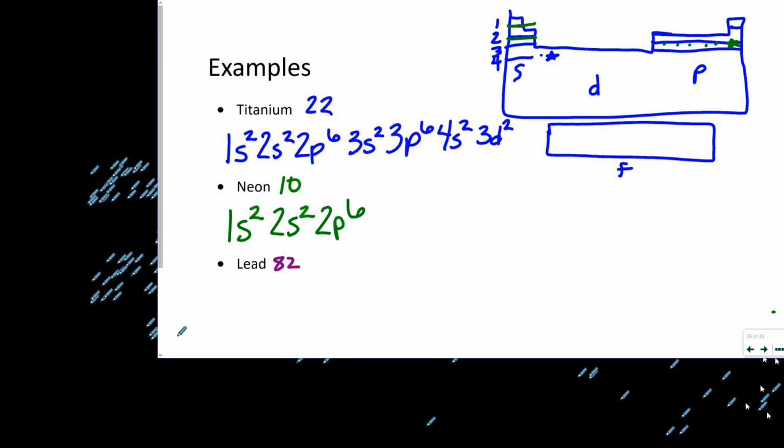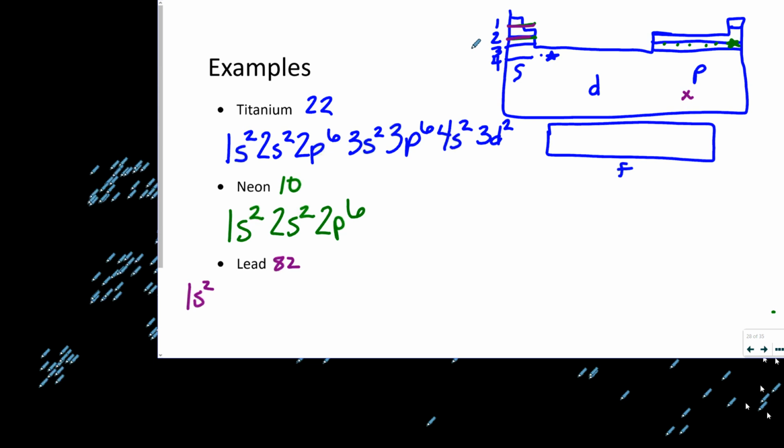So if we look, it's actually way down here in our P block is where we're going. So to get to lead, we have to go through the first row of the periodic table. So row 1, block S, and that's 2 elements across. Then we have to go to the second row.